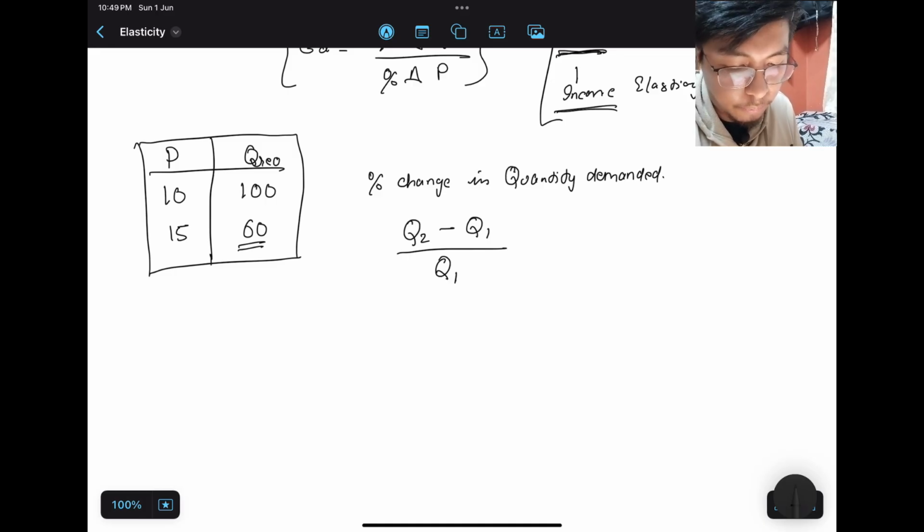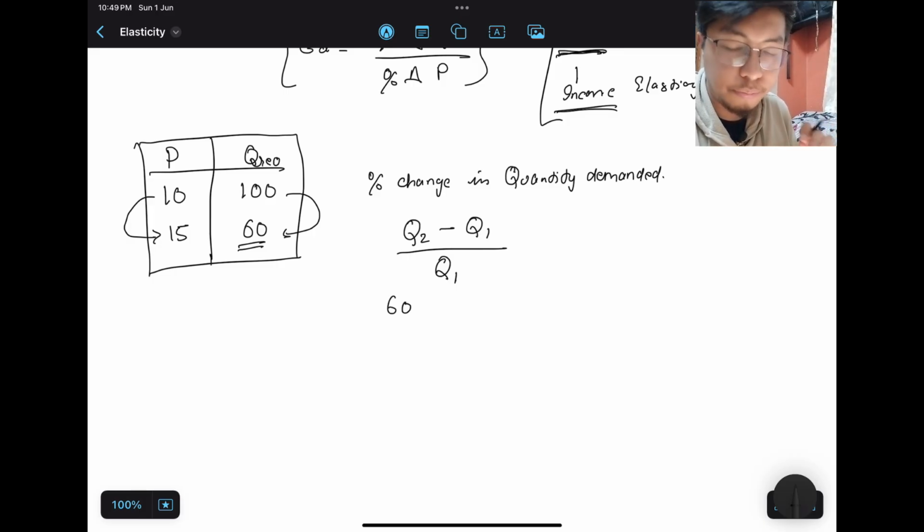When your prices changed from 10 to 15, your demand responded by a decrease from 100 to 60. So your Q2 becomes 60, because finally, now that the prices have changed, it is settled at 60.